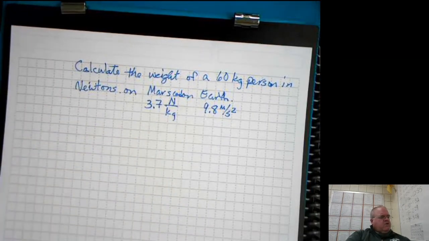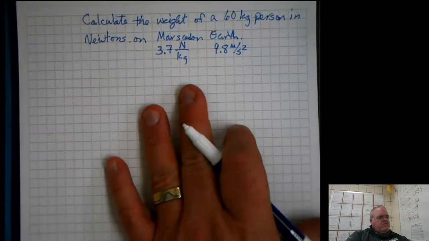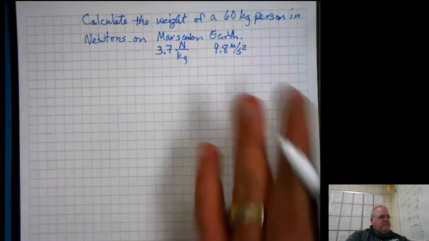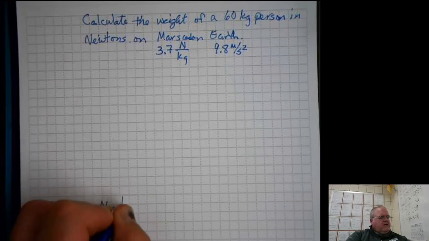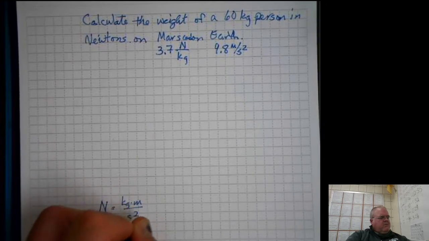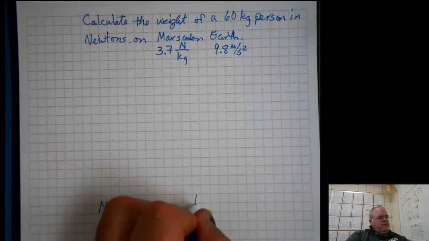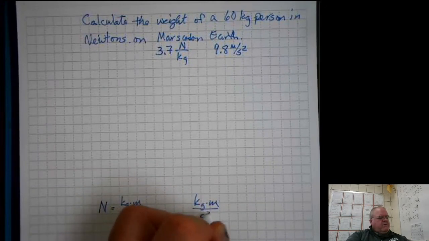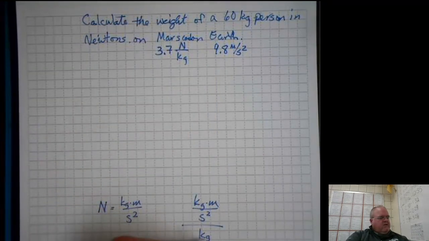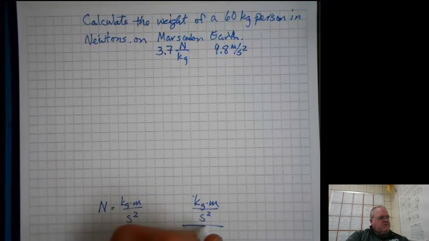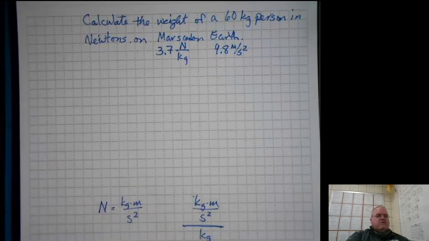Now, I'm going to show you down here that a newton per kilogram is the same thing as a meter per second squared. Because if you remember from the last video when we were talking about newtons, we said that a newton was a kilogram meter per second squared. So if I do kilogram meter per second squared, because that's my newton, divided by kilograms, I have a division problem with two fractions.